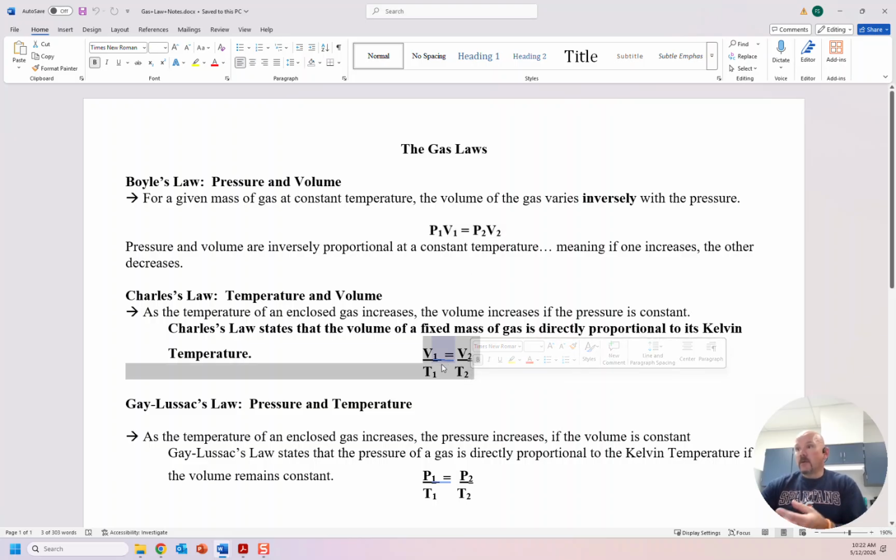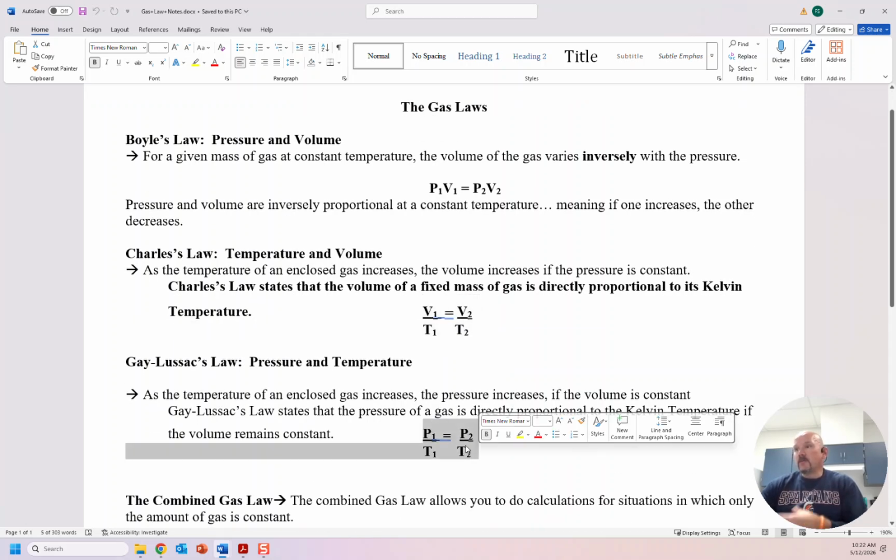This one is showing the relationship between volume and temperature, but in this case, pressure has to be held constant. This one is showing the relationship between pressure and temperature, but in this one, volume has to be held constant. I don't need volume if it's being held constant. I don't need temperature if it's being held constant.